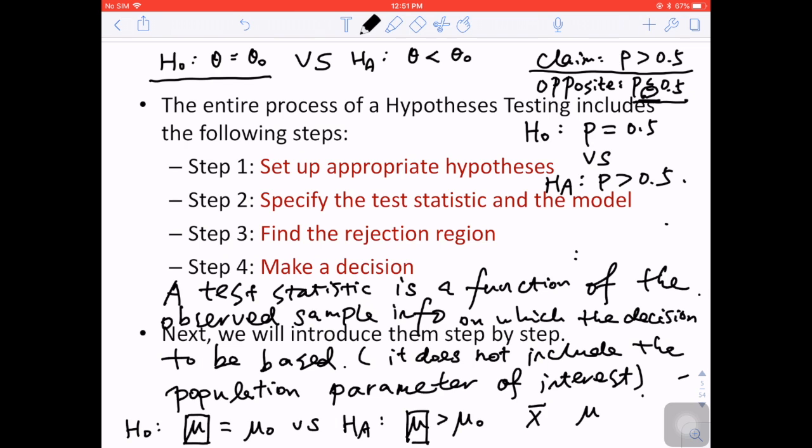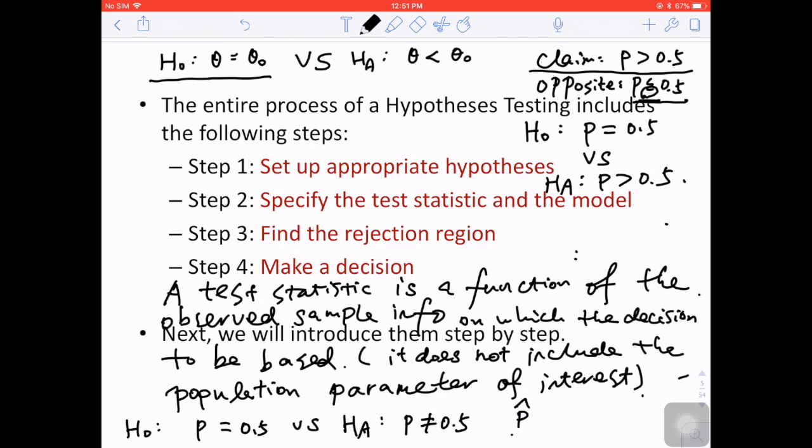So another example could be like the p hat we have discussed before. Okay. So the population proportion p is equal to 0.5, and its alternative hypothesis is p is not equal to 0.5, say. Okay. So my sample statistic could be the sample proportion, p hat.